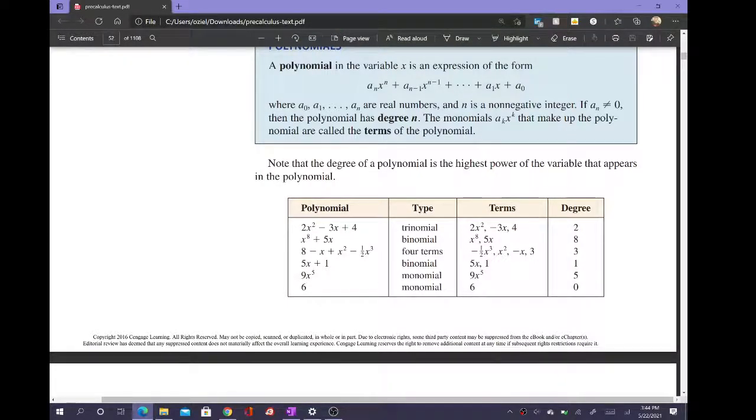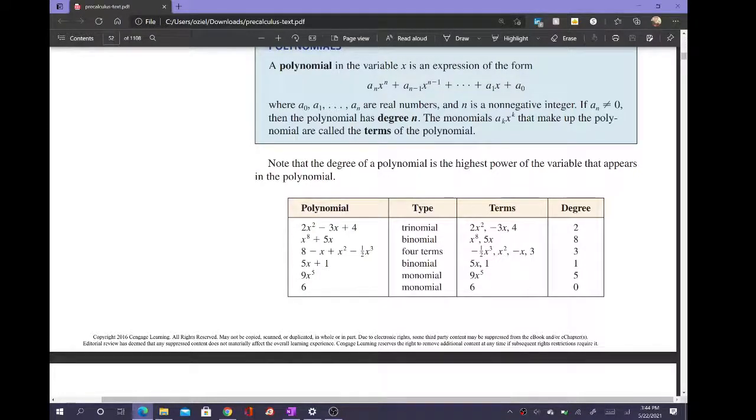Now, 5x plus 1, this is a binomial because it has 2 terms, 5x and 1. And the degree is 1 because it's x to the 1st power, which is just x. Now, 9x to the 5th is a monomial because it's just 1 term, and it's a degree of 5.